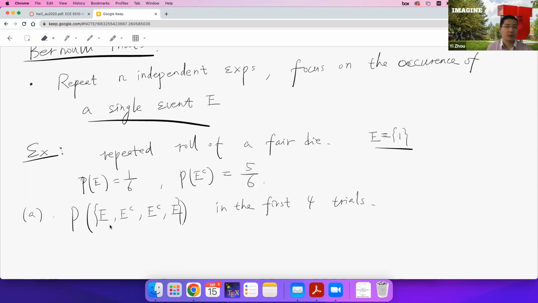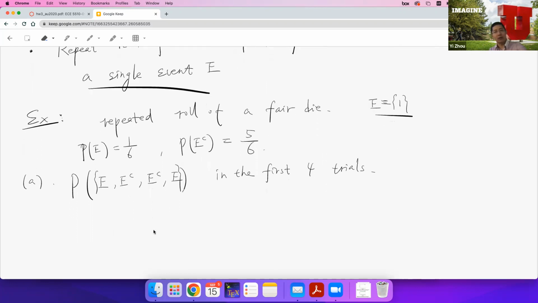Which means in your first roll, you see a 1. In the second roll, you did not see a 1. In the third roll, you did not see a 1. In the fourth roll, you see the 1 again.